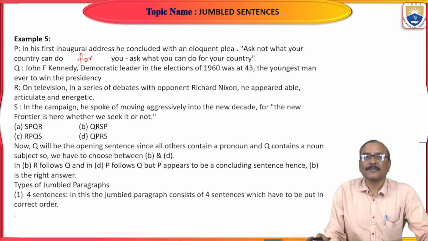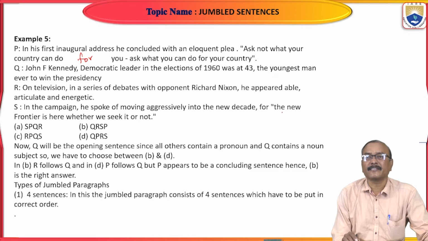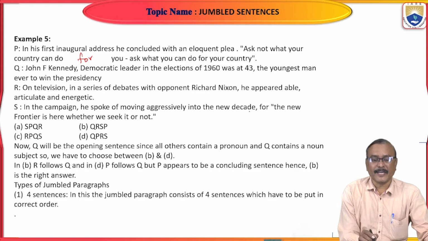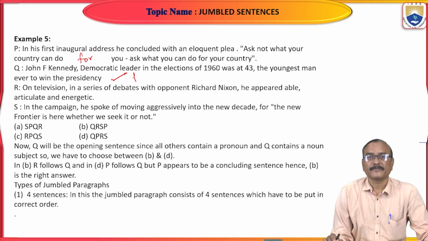Q. John F. Kennedy, Democratic leader in the elections of 1960, was at 43 the youngest man ever to win the presidency. So John F. Kennedy is clear; this can be the first sentence.